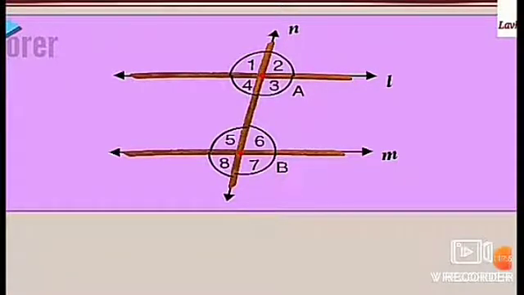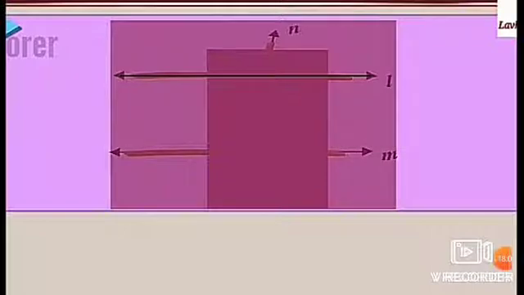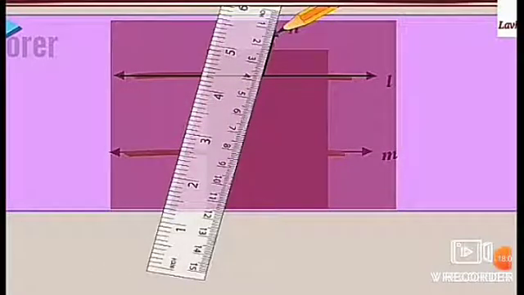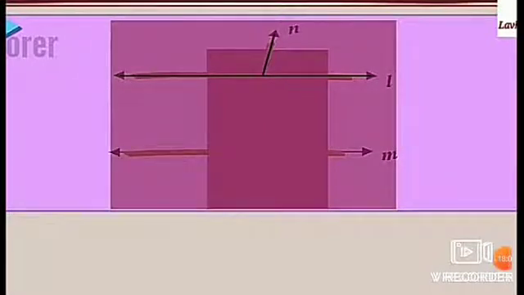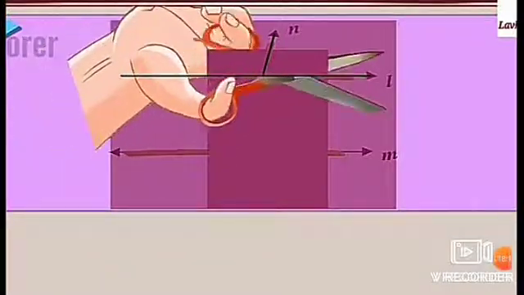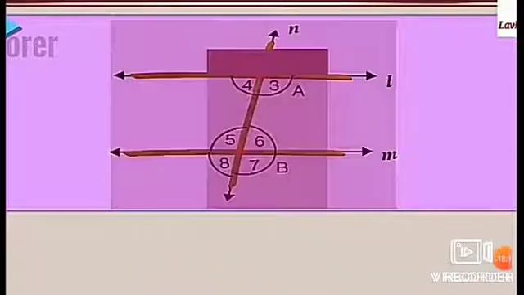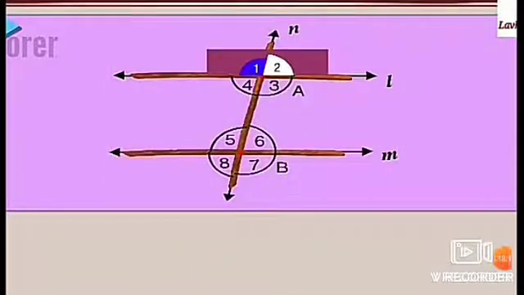Now trace angle 1 and 2 on another colored paper and cut them in pairs. We have got 2 angles equal to angle 1 and 2 angles equal to angle 2.